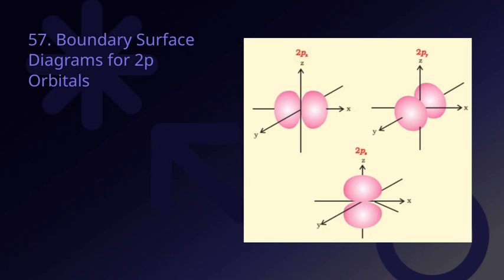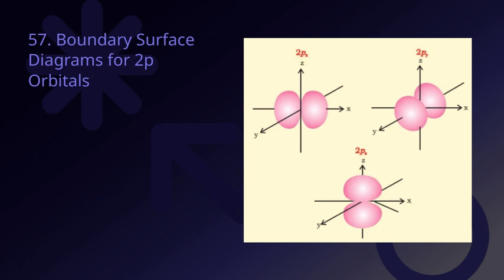Now, let's move on to slide 59, which focuses on boundary surface diagrams for 2p orbitals. These diagrams are a powerful way to visualize the shape and orientation of orbitals in three-dimensional space. They help us understand how electrons are distributed around the nucleus and how these regions of electron density are shaped. In these diagrams, the boundary surfaces represent the regions where the probability of finding an electron is high.